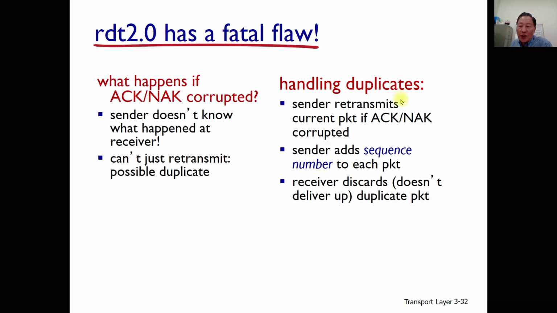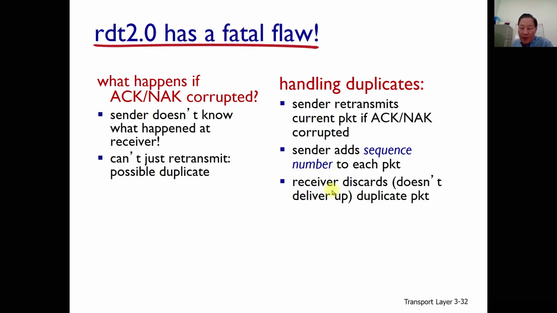To handle duplication, the sender retransmits the current packet if the acknowledgement or negative acknowledgement is corrupted. That means there is some error. Then the sender adds a sequence number to each packet. To solve that duplication, we need to differentiate between the previous one and the next one. Thus we need this sequence number. That's the reason why we are using sequence numbers. In our real TCP protocol, we use this sequence number.